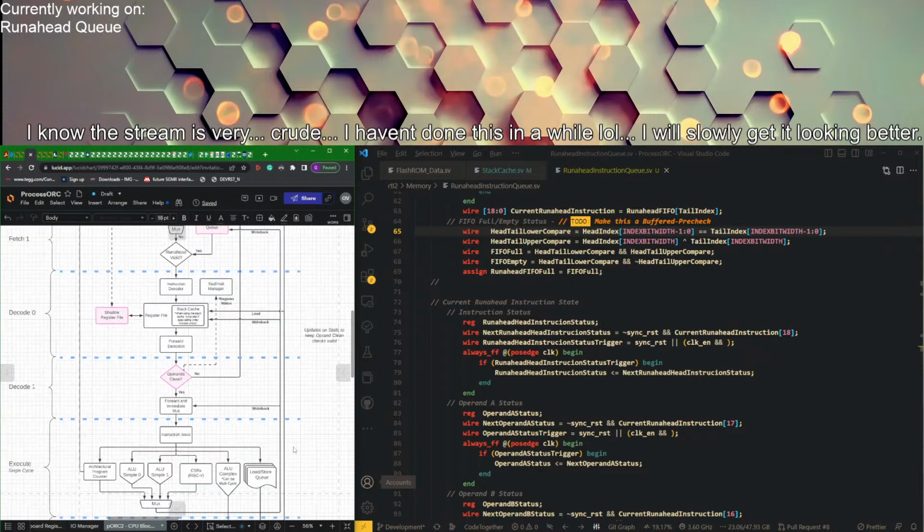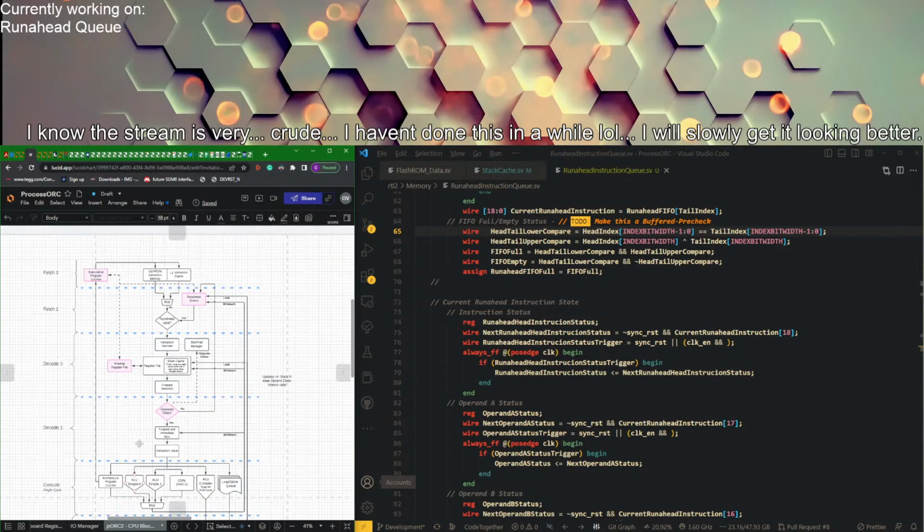That simplifies the forwarding system a bunch. Okay, I'm happy with this pipeline now, I think. Everything should be covered and good.